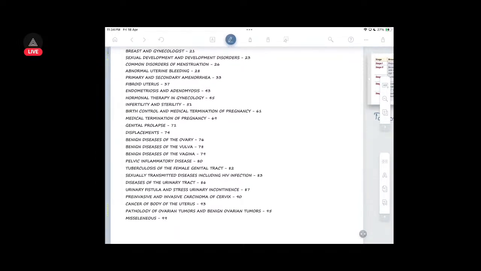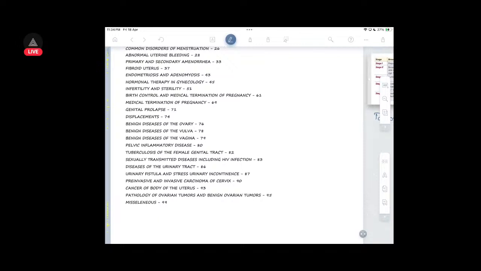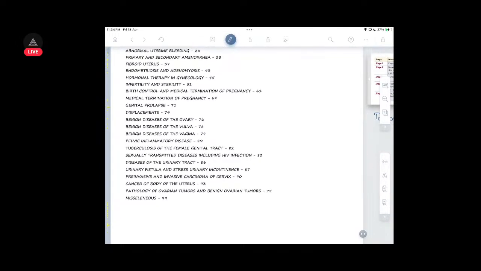Infertility and sterility are very much important. Birth control methods, medical termination of pregnancy, genital prolapse, displacements. I have to do benign diseases of the ovary, vulva and vagina. Pelvic inflammatory disease is very much important.